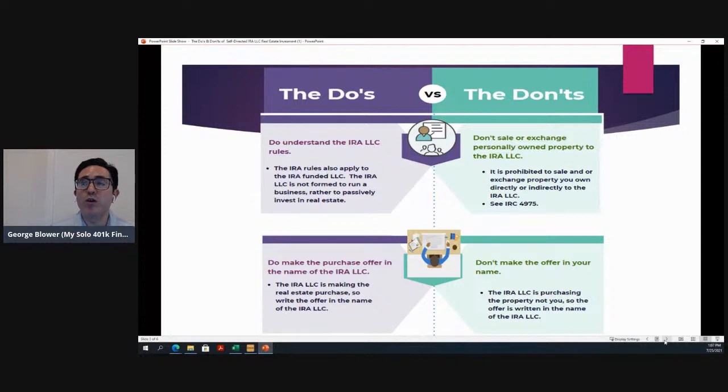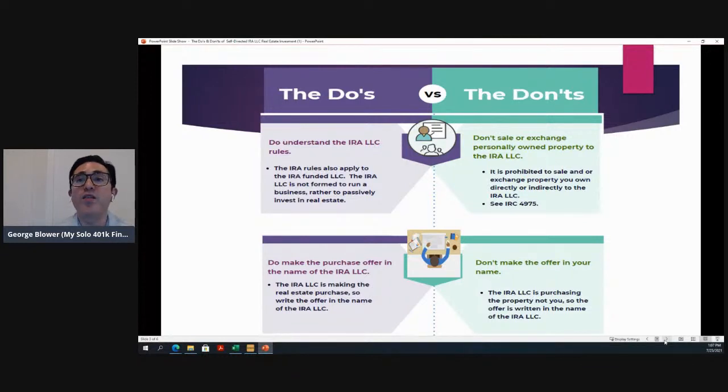On the flip side of the equation, keeping in mind those same IRA LLC rules, you cannot sell or exchange property that you own in your own name with property that's in the LLC, or sell it to the LLC that's owned by your IRA. So it is prohibited to sell and or exchange property that you own directly or indirectly with the IRA LLC.